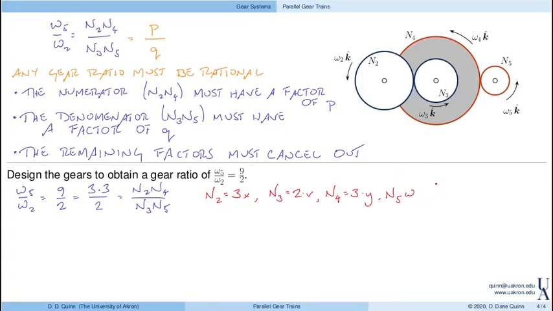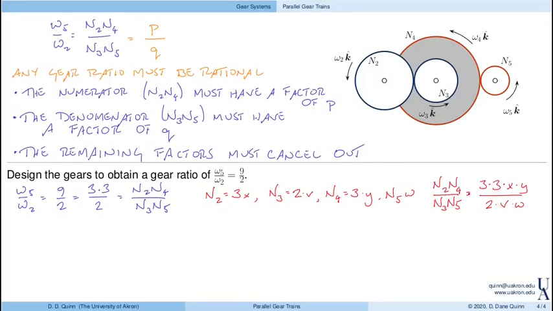As a result, N2 times N4 divided by N3 times N5, so this is the speed ratio that I'm looking for, is 3 times x times 3 times y divided by 2 times v times w.